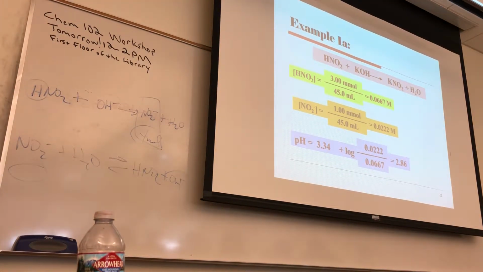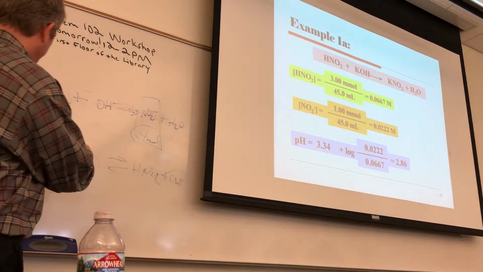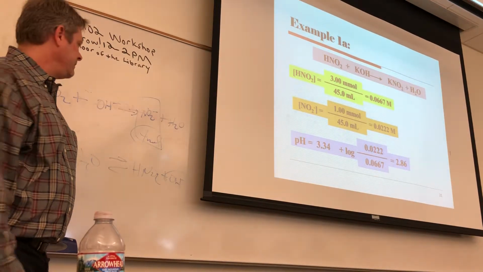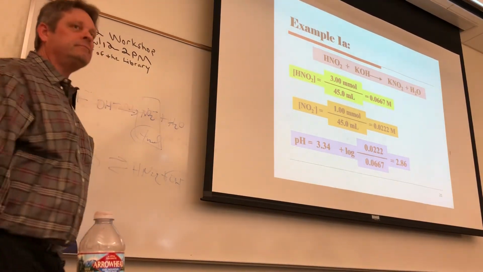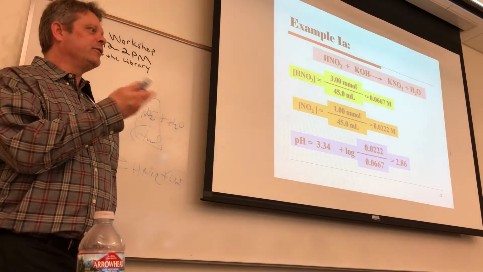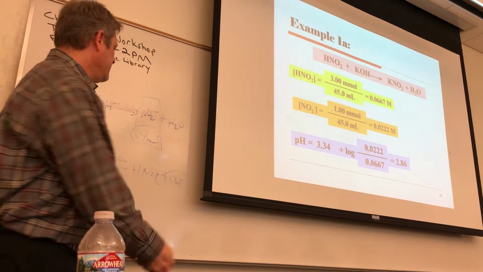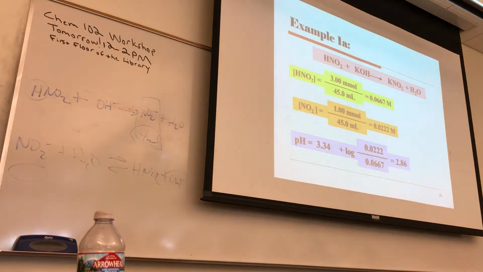Then we assume that the x over here is so small it's negligible. I have to find the KB of this. I have the Ka, so KW divided by Ka gives me the KB. Then I can figure out the pOH, and then I can convert that to the pH.